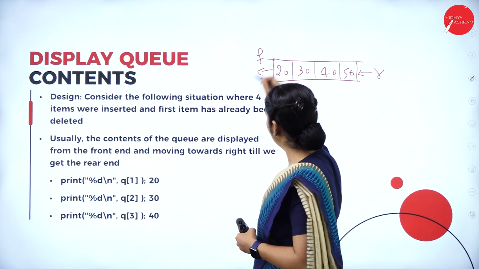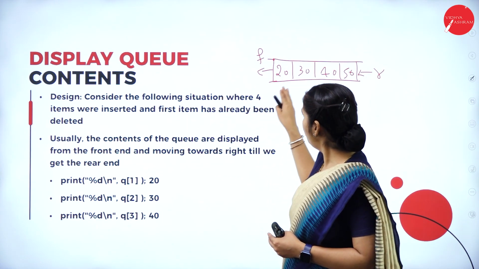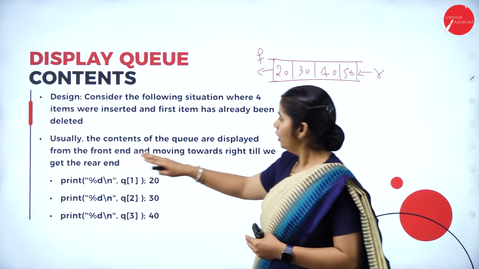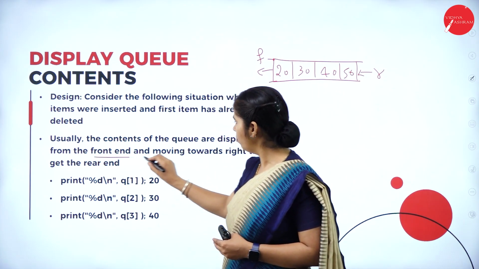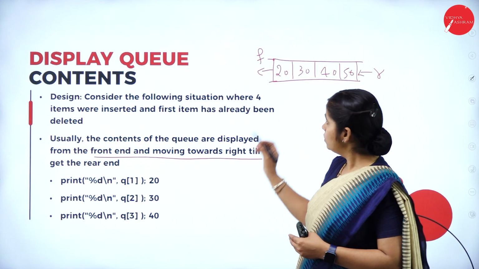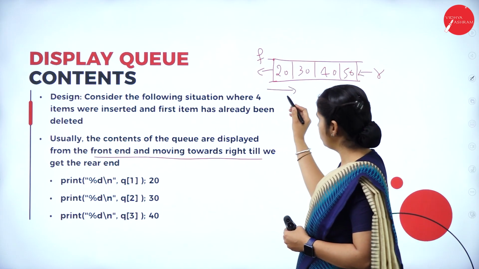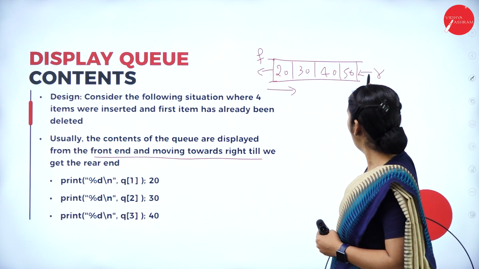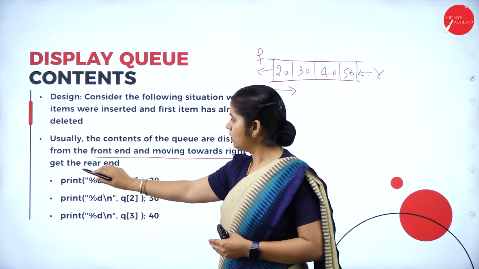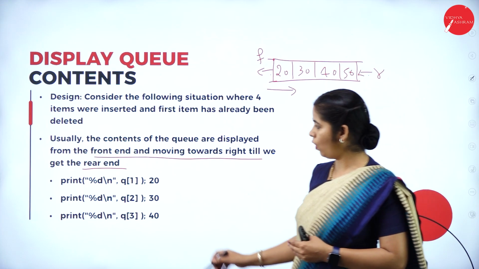Rear and front. So I want to print all these 4 elements. Usually the contents of the queue are displayed from the front end, moving towards the right. So like this, moving from left to right, from front to rear position, ending at the rear position. What we have to do?